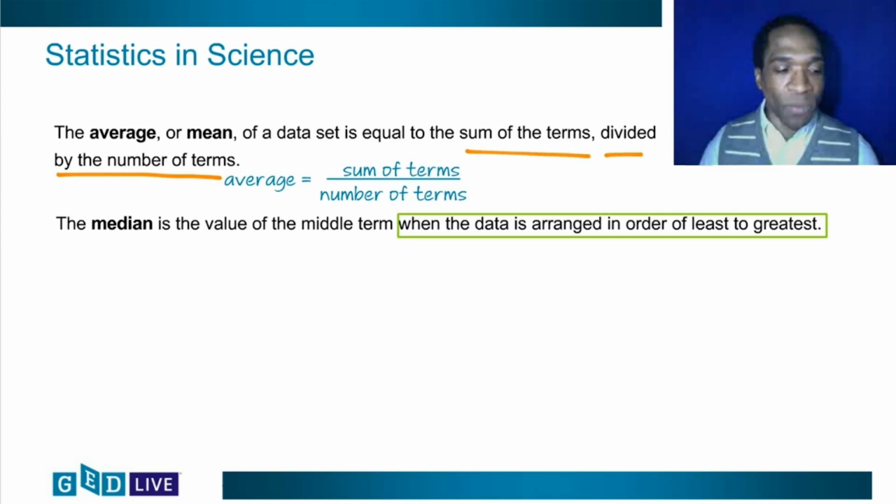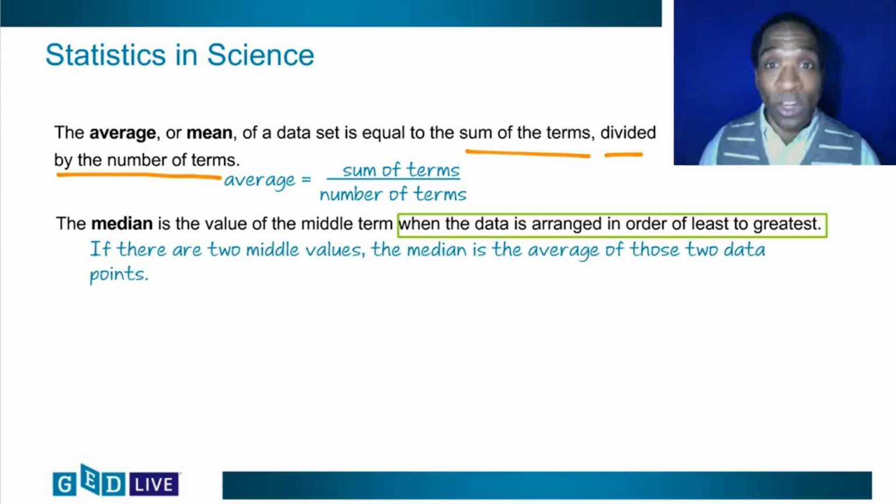Another thing to keep in mind for median is you may have two middle values. The average of those two data points will get you to the median. So let's do an example. Let's say there's a family, and the family has 3 children, right? In that case, the middle child is the child with the median age.